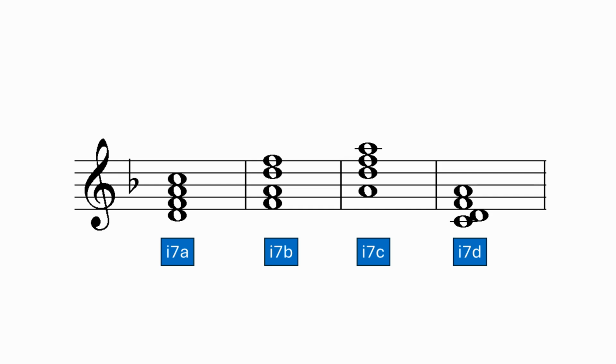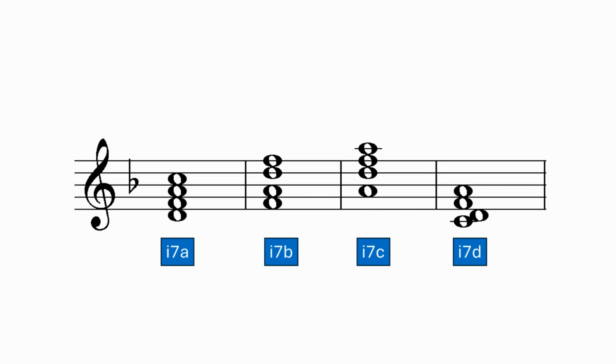By the way, the inversion of a chord only depends on the lowest sounding note. The other notes above the bass note can be in any order, and the name of the chord isn't affected. In standard chord notation, the bass note of an inverted chord is shown by a slash.